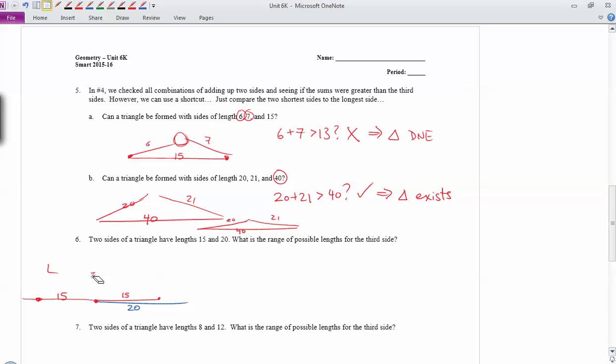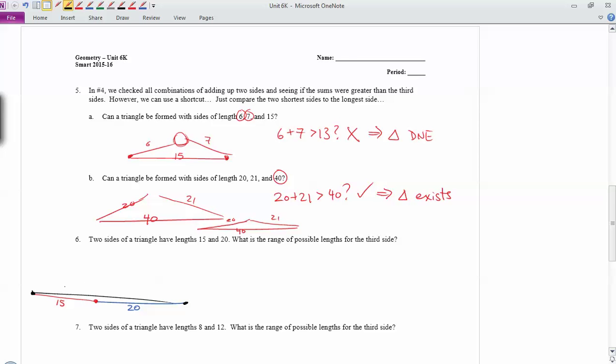So if you kind of picture that the 15 is almost pointing the exact opposite direction as the 20, as long as this isn't exactly 180 degrees, because if it was, then it'd be a straight line, so you couldn't make a triangle. If it's a little less than 180, then you could connect this end to this end and get a little triangle there.